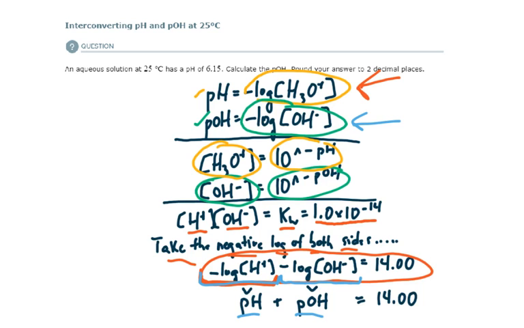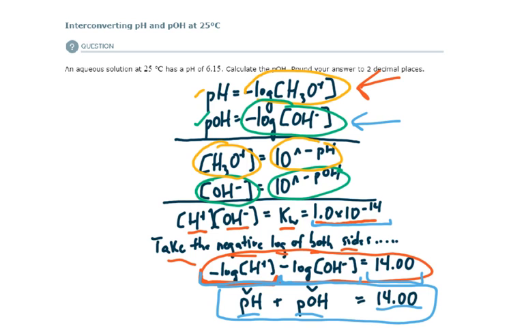What is the negative log of 1.0 times 10 to the minus 14? 14. And so what we have is that the pH plus the pOH of a solution is going to be equal to 14. So since we know that, we can determine either the pH from a given pOH, or we can determine the pOH from a given pH using this equation right here.